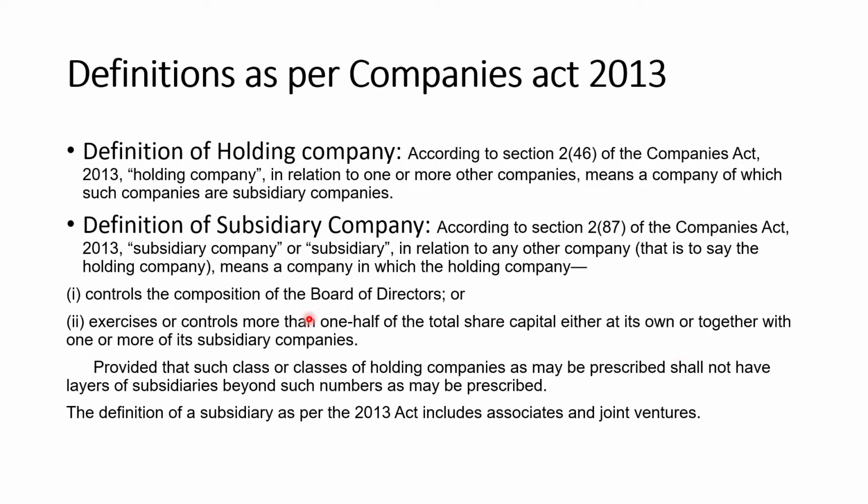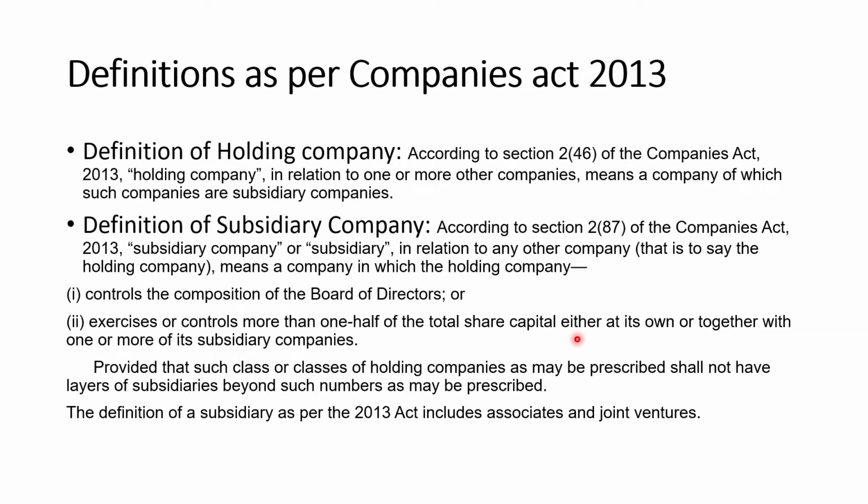What does it mean? So, a company can become a holding company of the other company either by having control on the composition of the board of directors or by exercising or controlling more than one half of the total share capital, either at its own or together with one or more of its subsidiary companies.